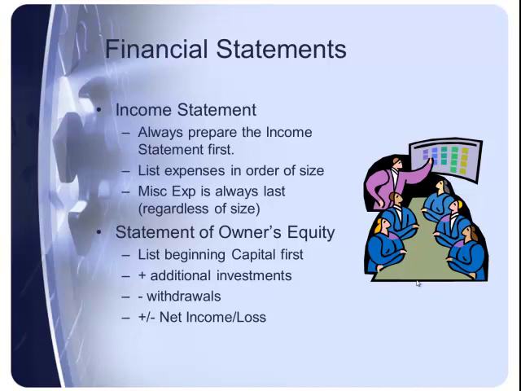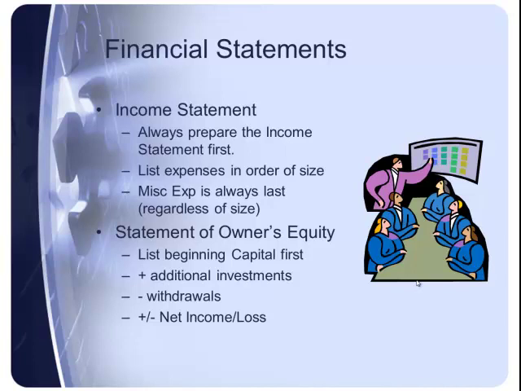The statement of owner's equity is the one we do second. We list beginning capital first, and then we add net income, add investments, and subtract drawing. So all those things that affect the equity or the capital, the net worth of the business. Net income, which is the difference between revenues and expenses, add investments, subtract the drawing, and that's your statement of owner's equity.